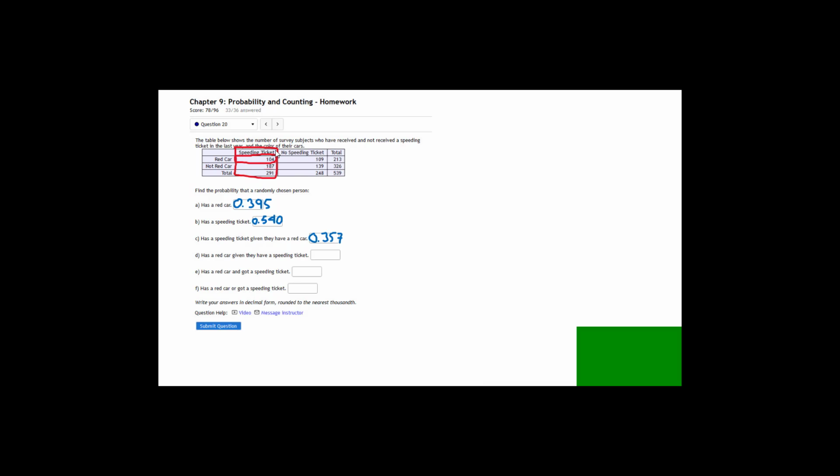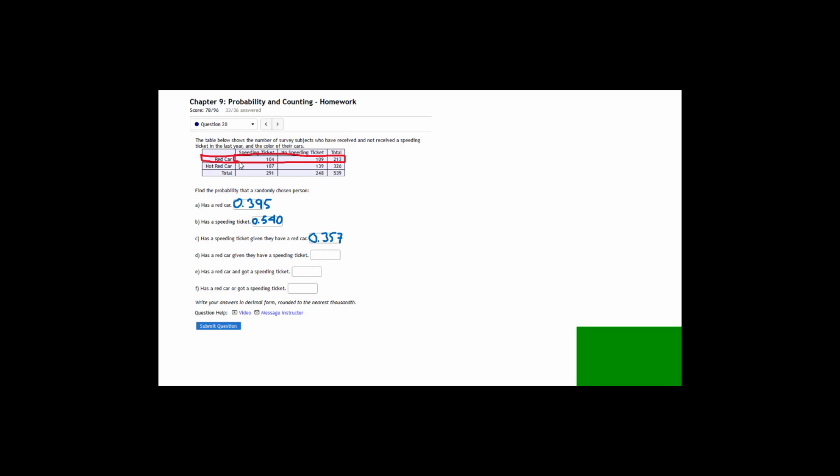I'll erase this. The next question says, has a red car given they have a speeding ticket. The way I see this one is they're saying they have a red car, and they're looking at this particular row, where they have a speeding ticket.